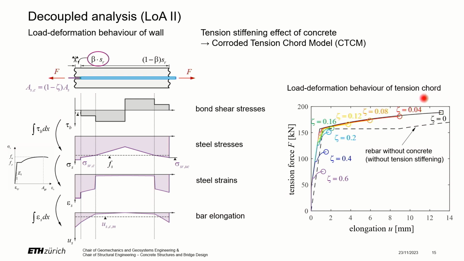And then, of course, with these colored lines, you see the effect of cross-section loss, and we also observe here that for small cross-section losses, we lost our deformation capacity almost completely.